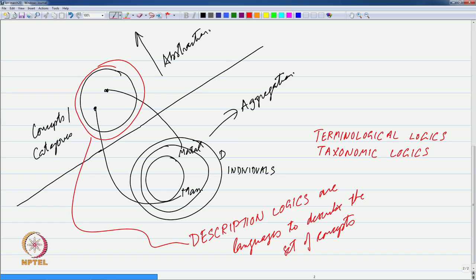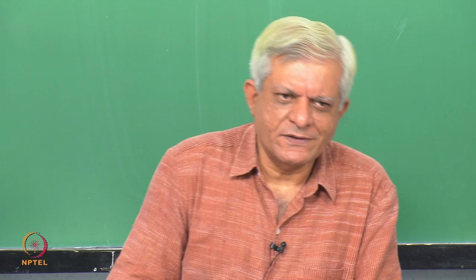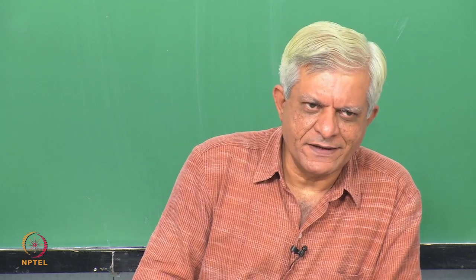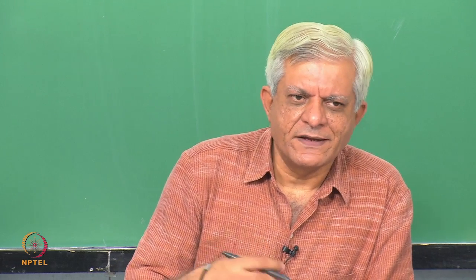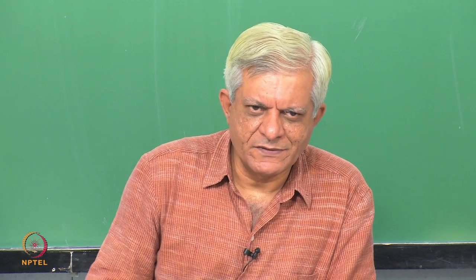The main relation between concepts that we are interested in at this moment is this taxonomic relation, which is basically the abstraction hierarchy, in which you say, for example, that tigers are mammals and mammals are animals and this kind of stuff.